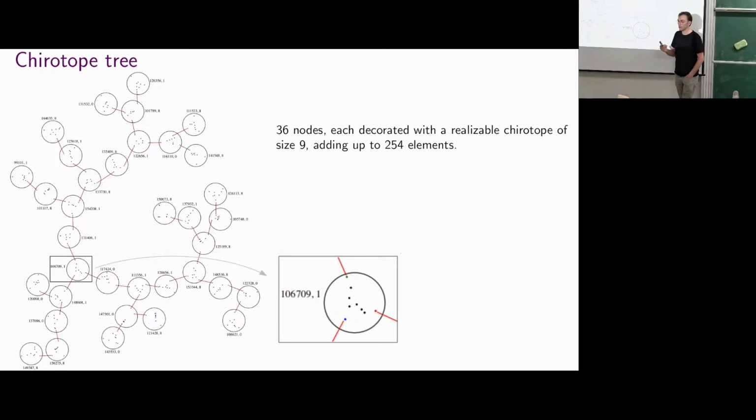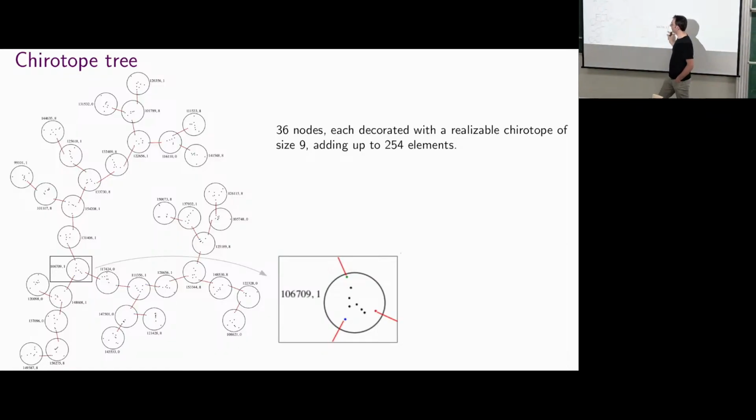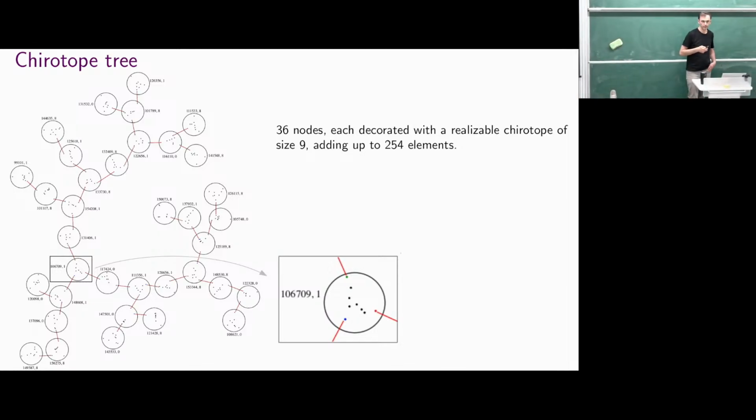And now if you're asking, okay, how does this point and that point, do they turn left or right? I go to this node, where I have a representative for each of them, and they are distinct representatives, and I look at the orientation of those representatives. Okay, so I can actually compute.